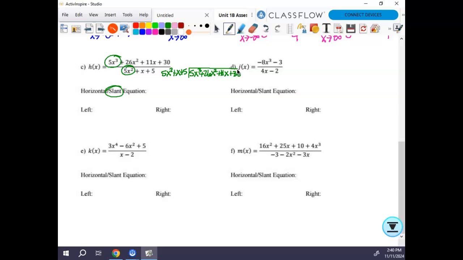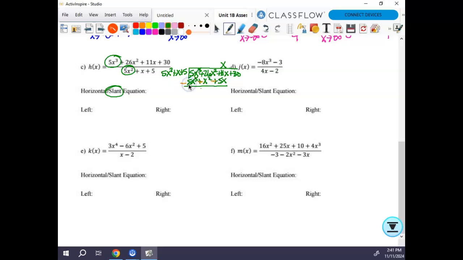So 5x cubed divided by 5x squared is just x. So this gives me 5x cubed plus x squared plus 5x. Go in there and I change the signs on each term.